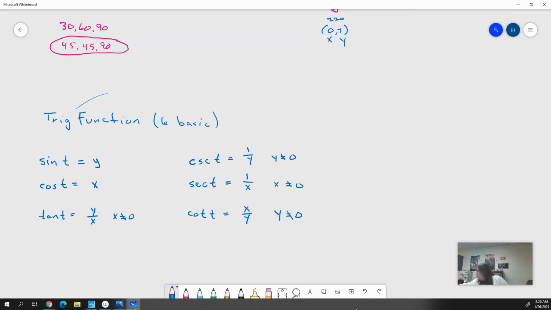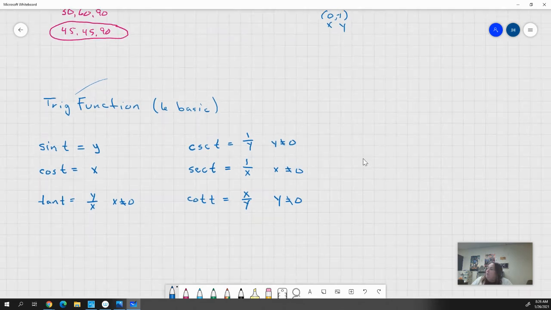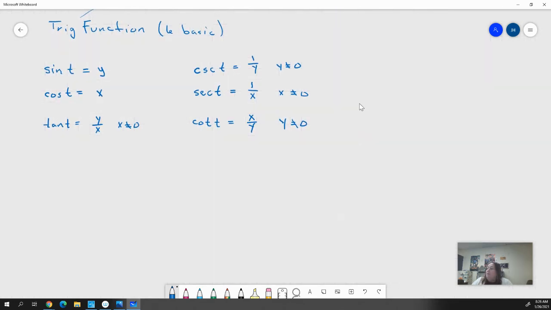So think about if we said that t was equal to pi over 6, right? Let's say we're going to evaluate when t equals pi over 6.